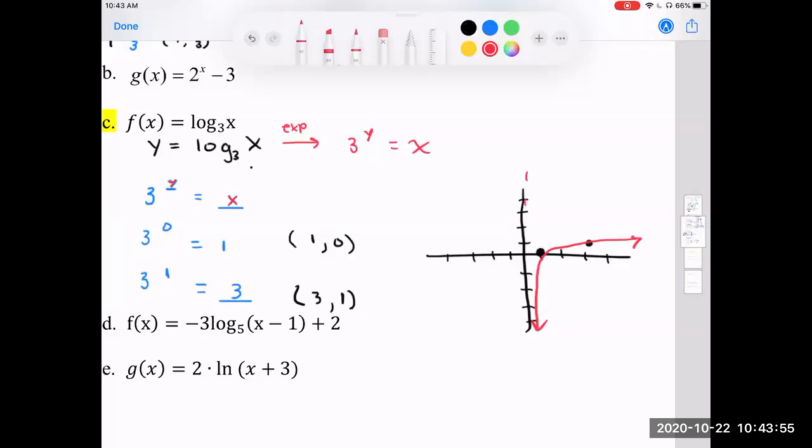And logarithmic functions have a vertical asymptote. So here I have a vertical asymptote at x equal to 0. Now, unlike exponential functions, the vertical asymptote in your logarithmic function comes from your argument. So if I have something along your x, then it causes that vertical asymptote to change.